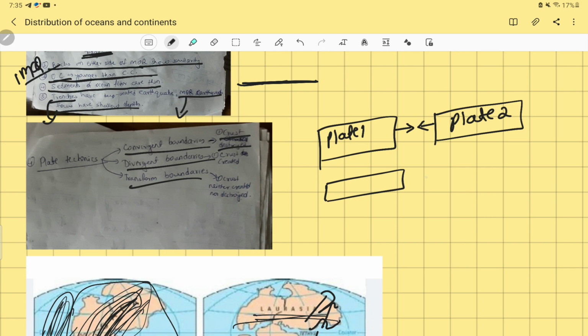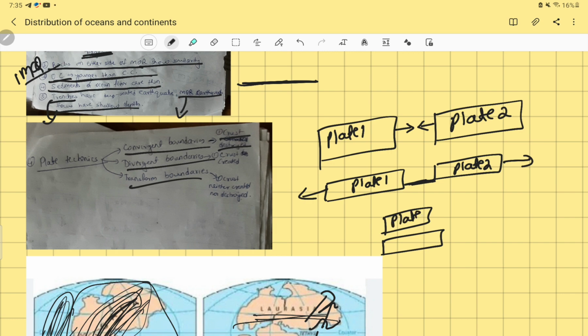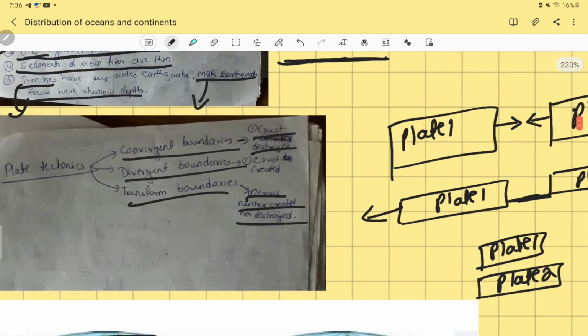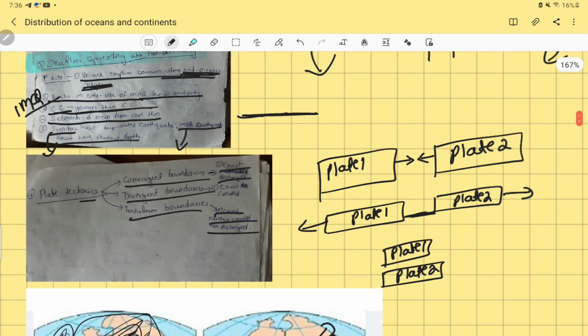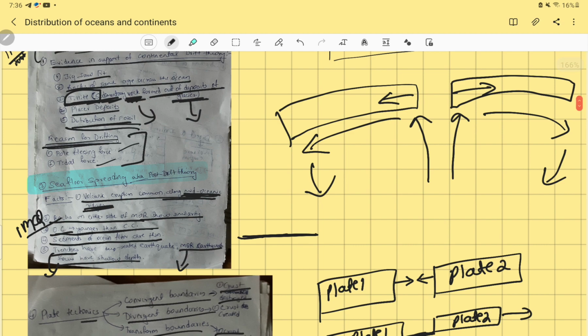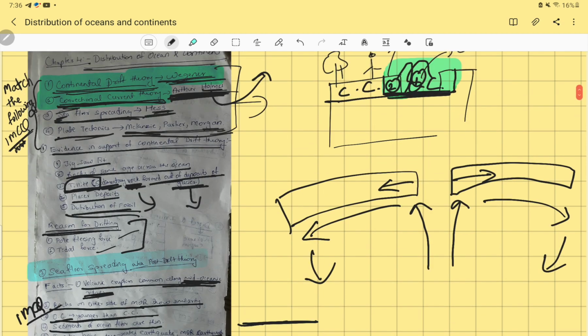But if these two plates move apart, then the crust is created here. And if they move in a transform way, like they don't clash with each other but pass by each other, then crust is neither created nor destroyed. So this is about the plate tectonics given by McKenzie, Parker and Morgan.